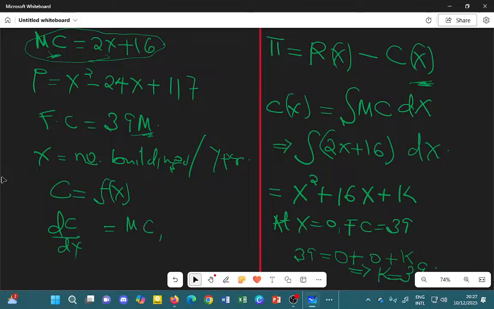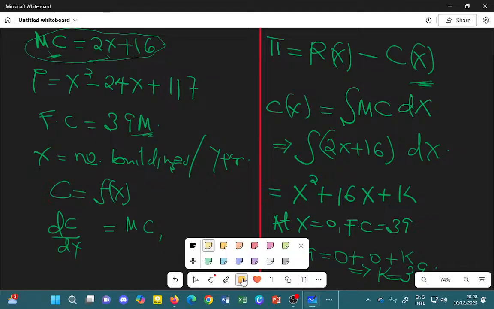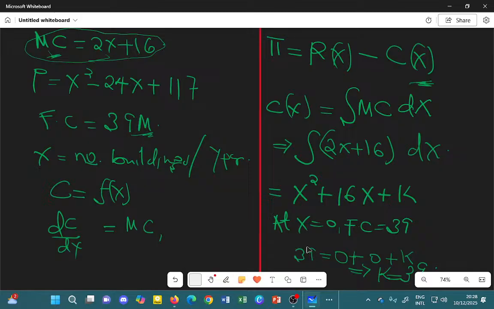So now that we have the constant to be 39, we can then rewrite this equation. I'm just trying to see how I move to the next page.